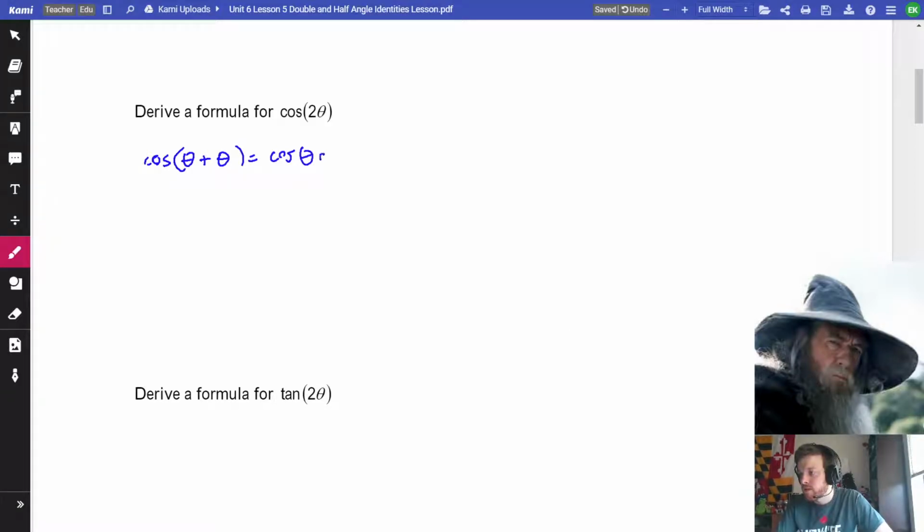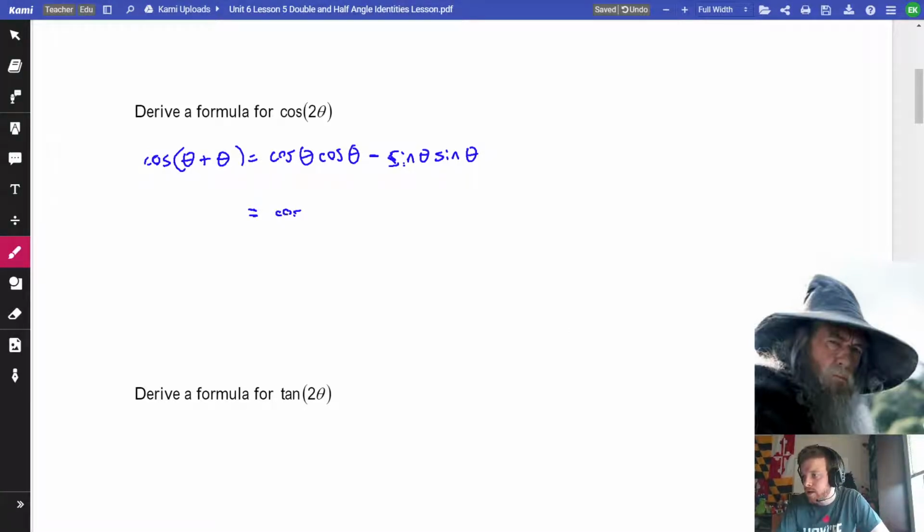Cosine of the first angle, cosine of the second angle, which just happens to be the same as the first, minus sine, sine. Right, it's very inconvenient that the dead spot on my drawing pad is in the place I like to write the most. But it also makes sense of why that's the dead spot. I press down on that spot the most.